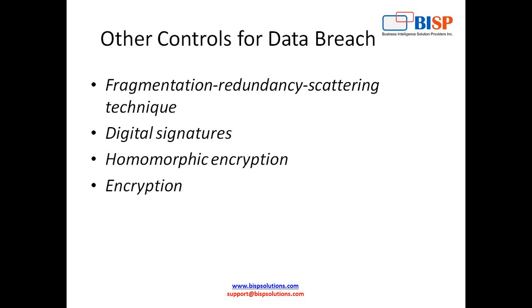The next one is homomorphic encryption. What is homomorphic encryption? With this technique, it is possible to process encrypted data like plain text without revealing the actual plain text at all. So that's homomorphic encryption, another control of data breach.